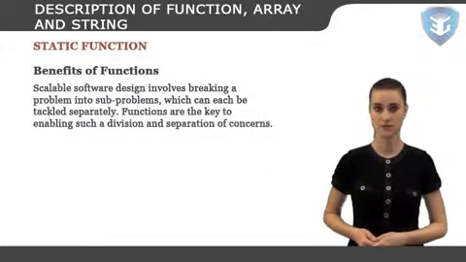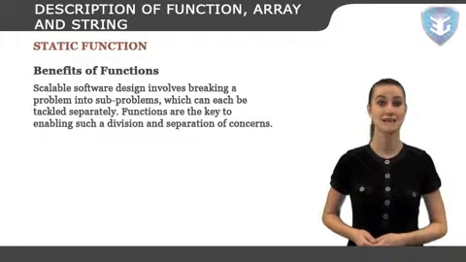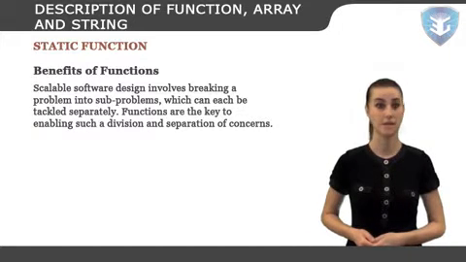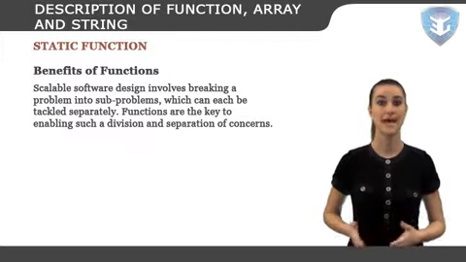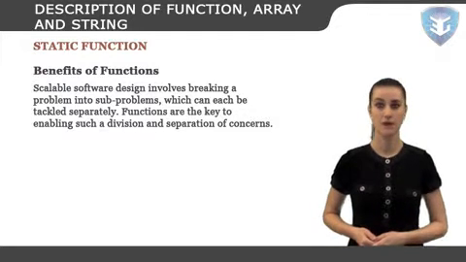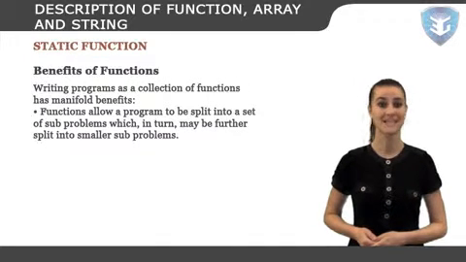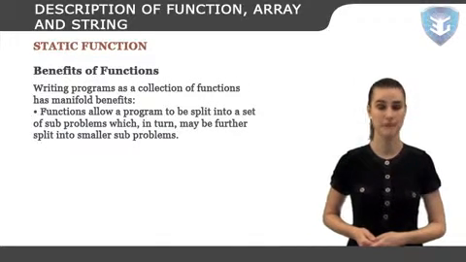Benefits of functions. Novice programmers tend to pack all their code into main(), which soon becomes unmanageable. Scalable software design involves breaking a problem into sub-problems, which can be tackled separately. Functions are the key to enabling such a division and separation of concerns. Writing programs as a collection of functions has manifold benefits.